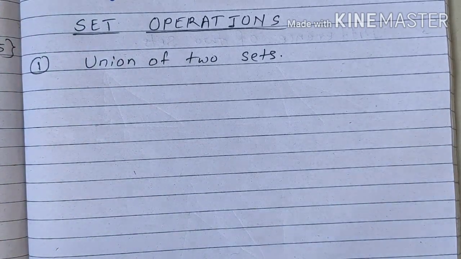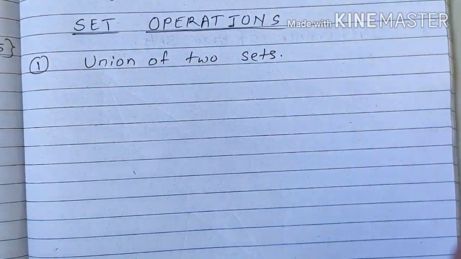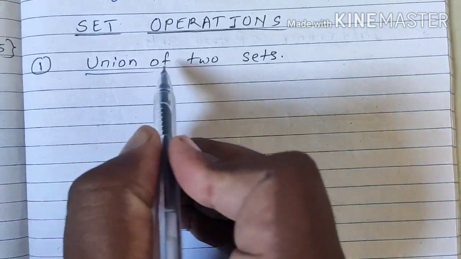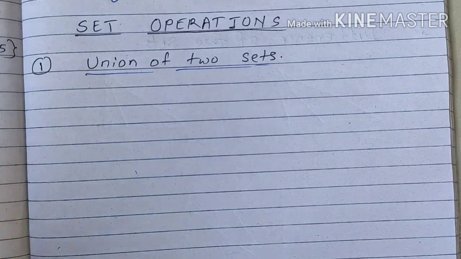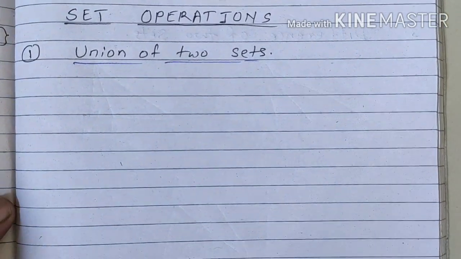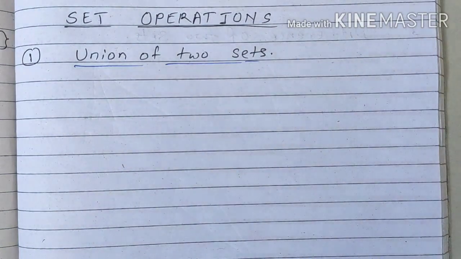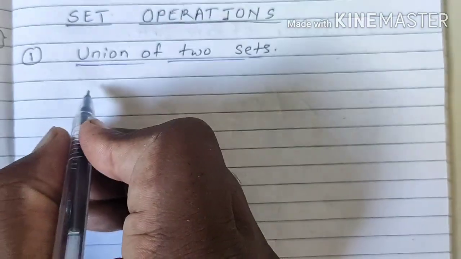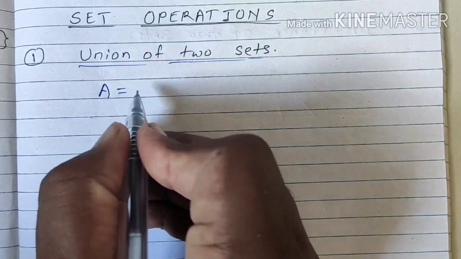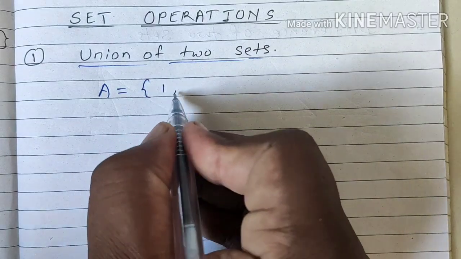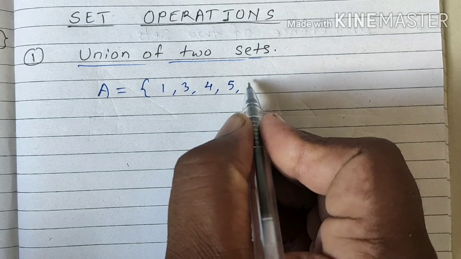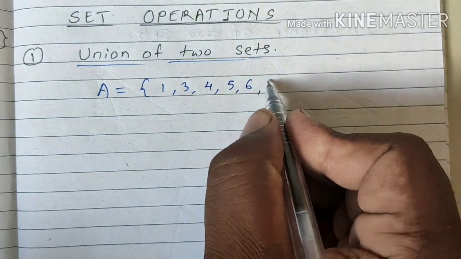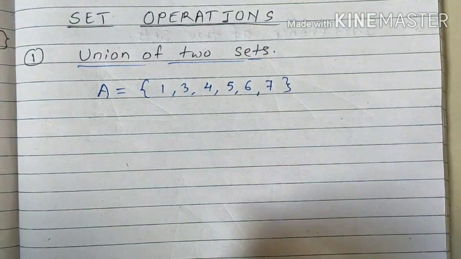For example, union of two sets. As the word indicates, union means group, combine. For example, we have the set A with the elements 1, 3, 4, 5, 6 and 7.